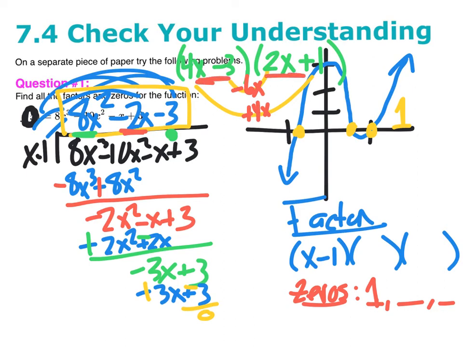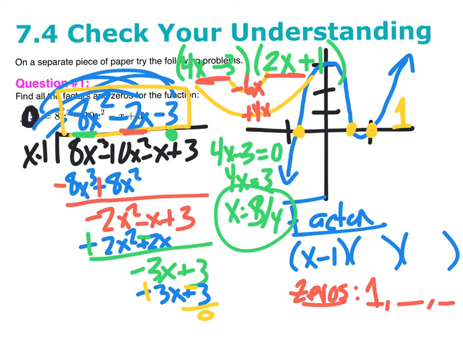To get the zeros of those factors, all we do is take those factors, like 4x minus 3, set it equal to 0 and solve. That's going to be 4x equals 3. x is 3/4 is one of them. For the other zero, let's take the 2x plus 1, set it equal to 0.